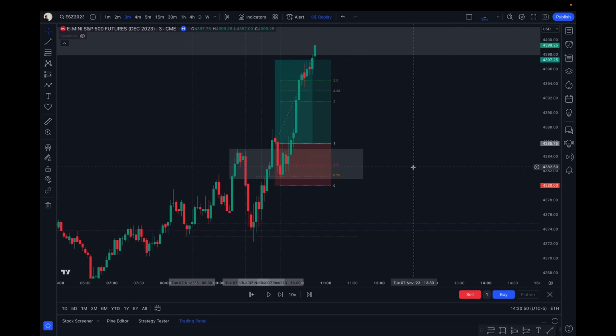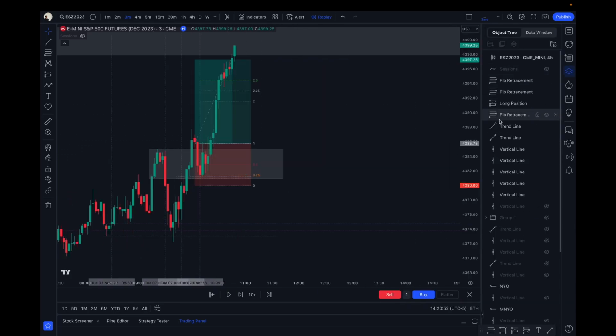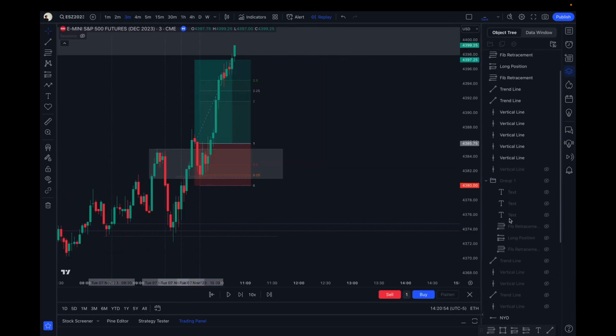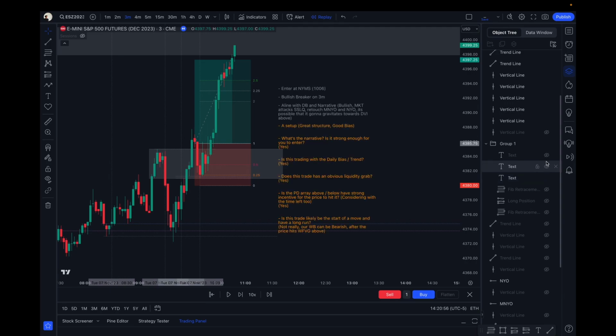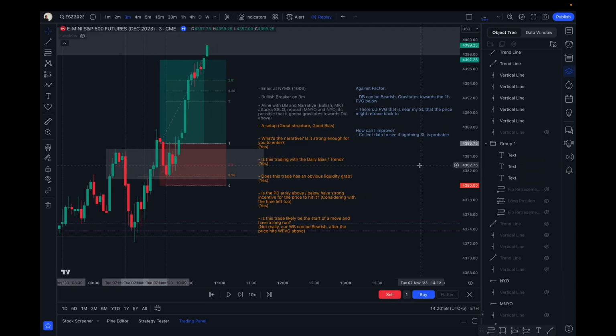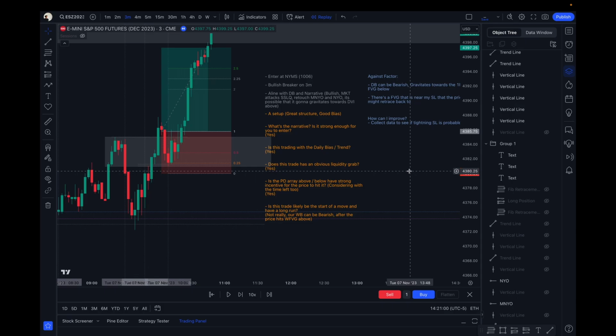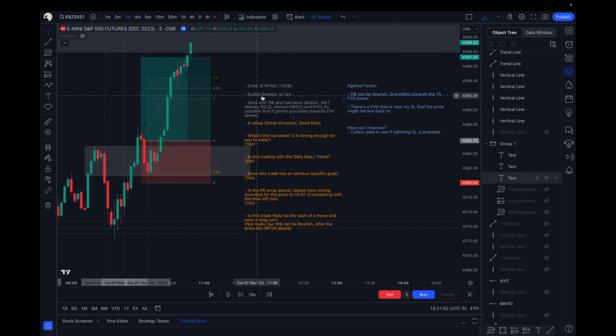And what I would do is a post-trade analysis to see how the market performed. So we enter at 10:06. It's a bullish breaker, and the narrative is in place. It's an A setup. It's a clean bullish breaker setup.